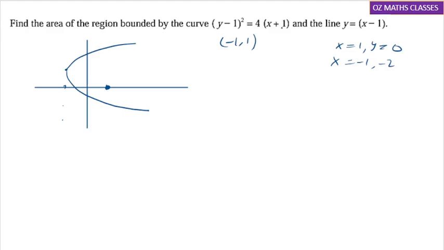Now solve both the line and the parabola together. What will you get? I need the y value, so replace x by y.